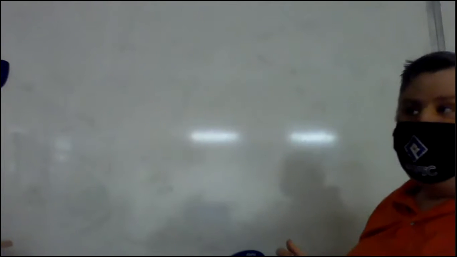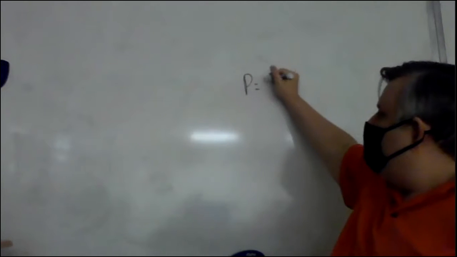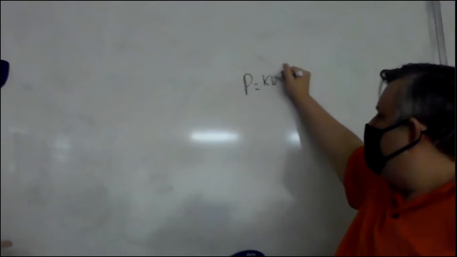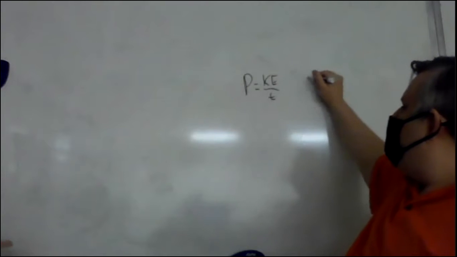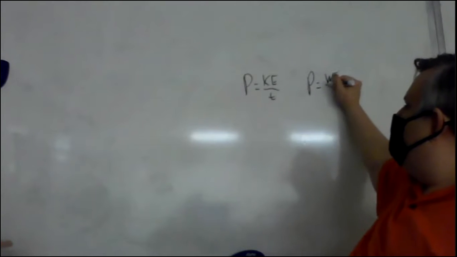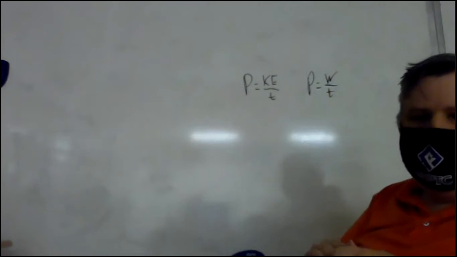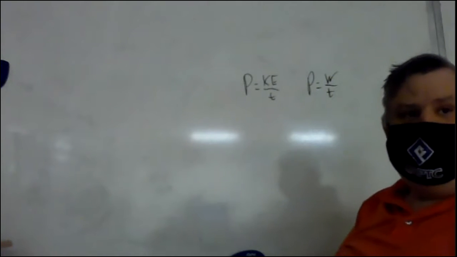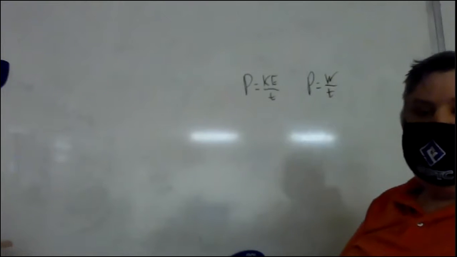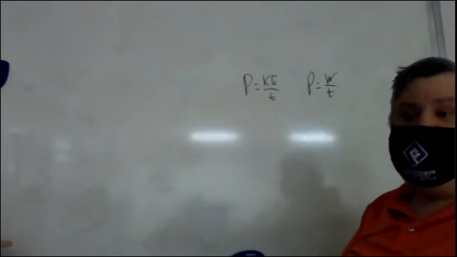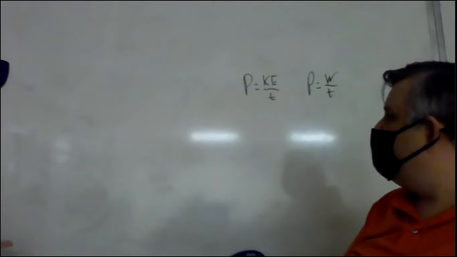Okay, we have two more problems, and they have to do with power. We have two different power equations. One is for kinetic energy. The other, the one that we're going to be using in the homework, is for work. What power is, it's how much energy you're using in a given amount of time, so how fast you're using energy.